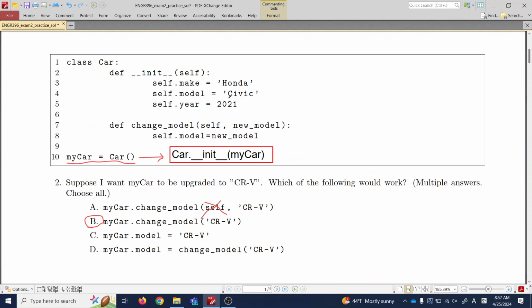Before executing this one, it will be Civic. My suggestion is try to type these on a Google Colab or Jupyter, and you'll see what I mean. But this is also correct as well. You can directly access my_car.model and change it to CRV. And D totally doesn't make any sense. So the answer is B and C.